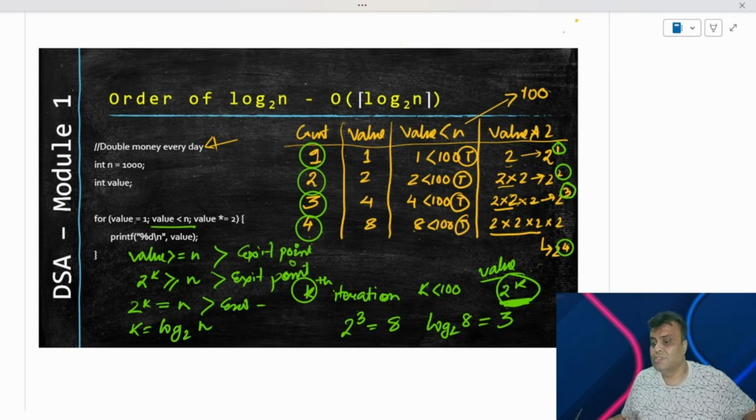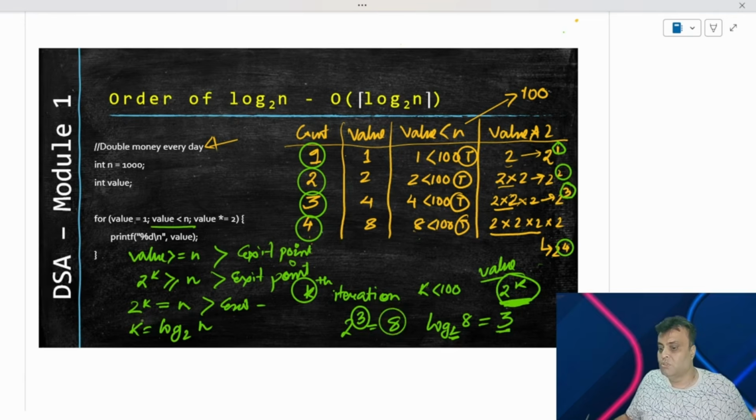From a logarithmic standpoint, I'm sure all of you know that the power of 2 is the answer that you get when you take the log to the base 2 of the outcome, right? So 2 to the power k equal to n would mean that k is equal to log base 2 of n. And what is k? The number of times. So the number of times that this loop will run will be log base 2 of n.